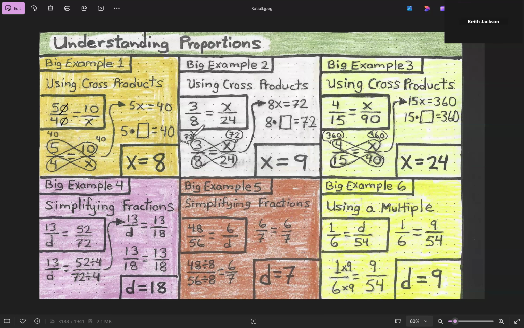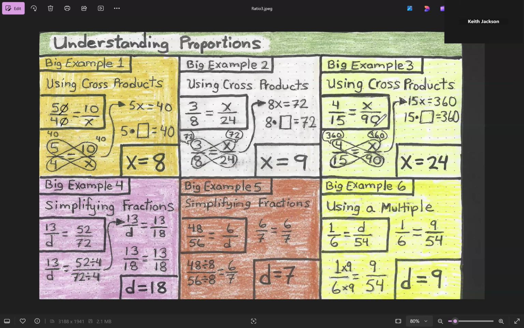And all we have to do is find that unknown number. As you know, 8 times 9 is going to equal 72, which lets us know that x is equivalent to 9. And so 3/8 is the same as 9/24.